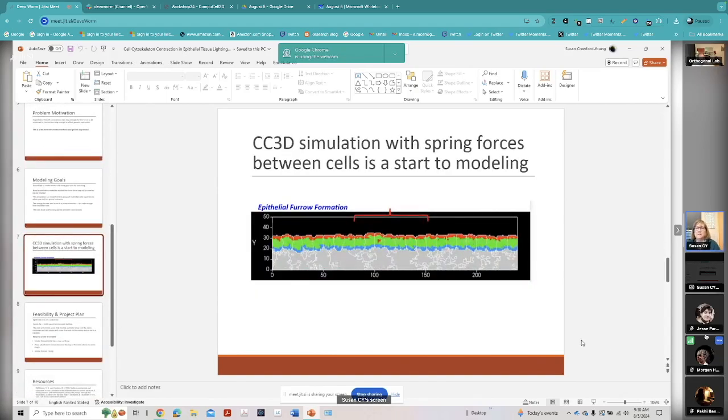And here is the CC3D simulation that they've already done of an epithelial string of cells. So they figure they've already got this as a model. This is the ECM or basement membrane in gray.